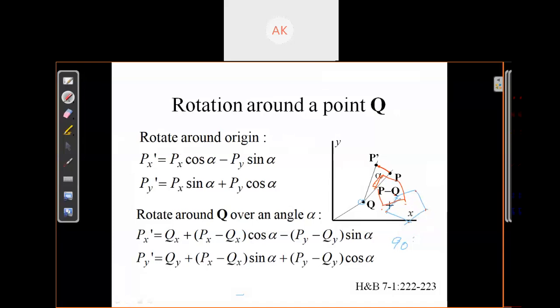What I want to say here is that if you want to transform or rotate your object, first you rotate your coordinates.